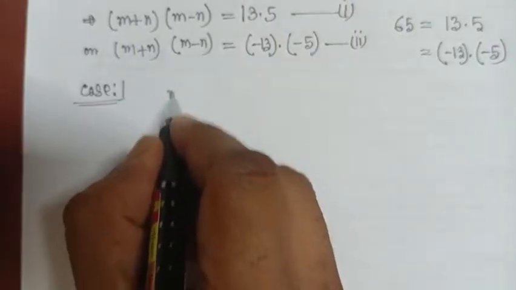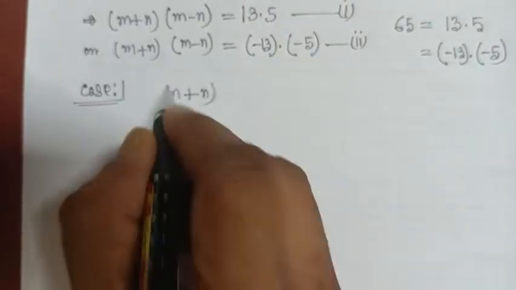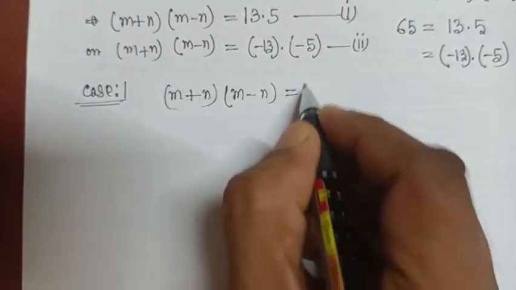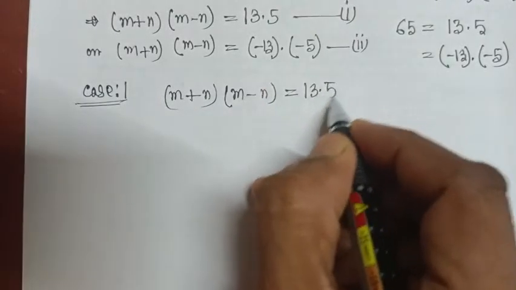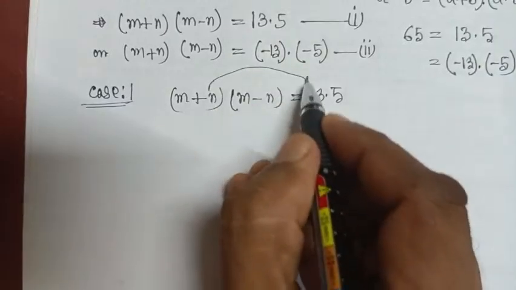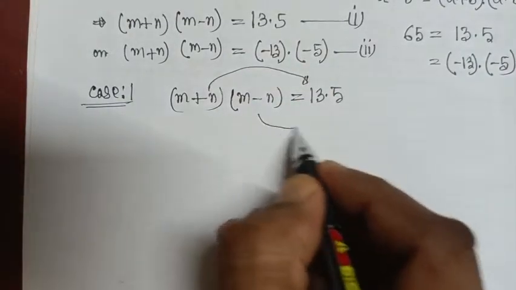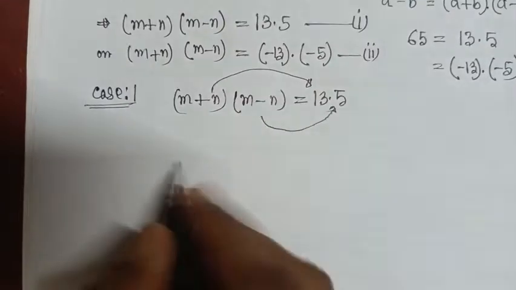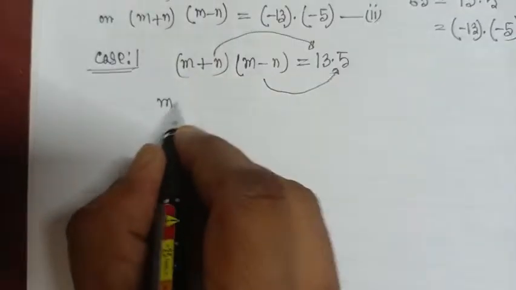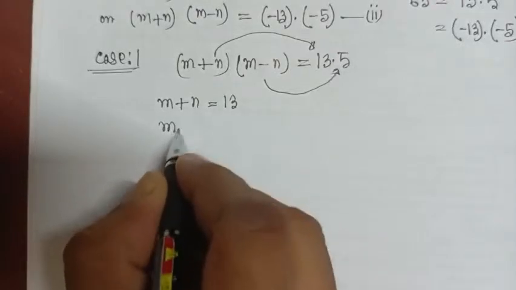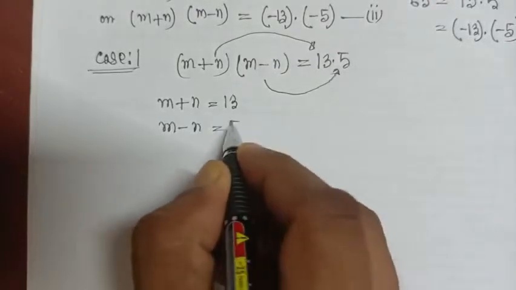So for case 1, where (m plus n) into (m minus n) is equal to 13 into 5, comparing, m plus n equals 13 and m minus n equals 5.